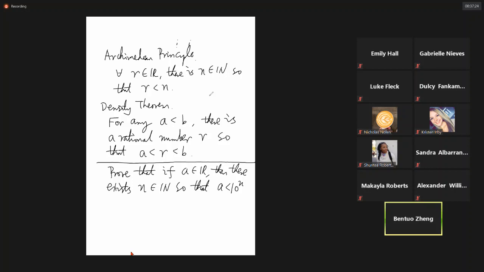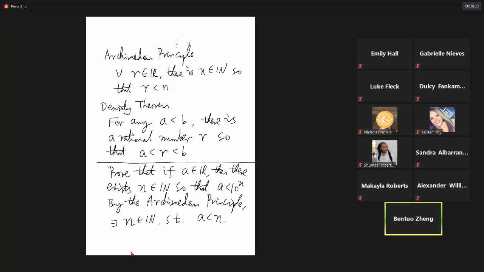So by the Archimedean principle, we know there exists some natural number, say n in N, such that a is less than n.